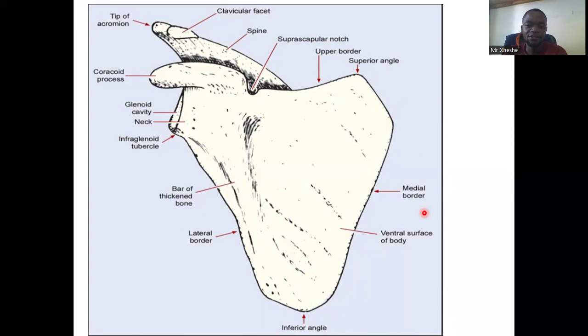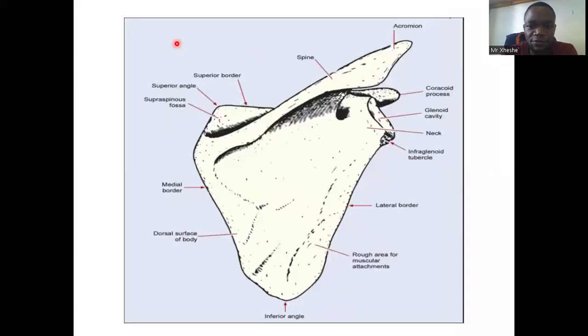Now, in addition to that, let's look at the features of the scapula. We have these 2 sharp bones, I beg your pardon. You see this one and this one? Let's look at them from the back. We're talking about this and that. These are given names.